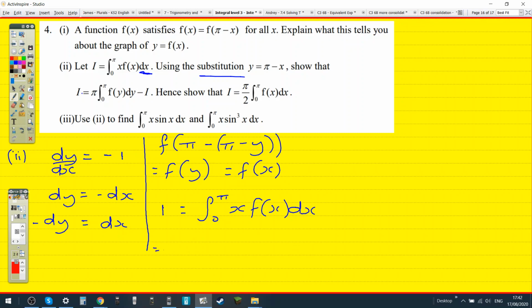Minus the integral. What can we put instead of f of x? f of y, dy. What can we put instead of x? I think it would have to be pi minus y. Yeah, okay. Pi minus y.